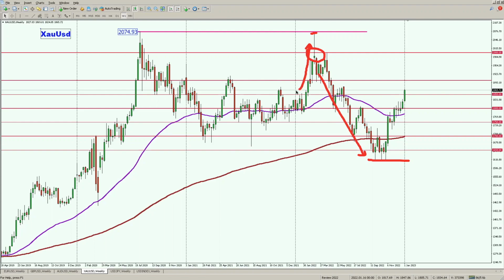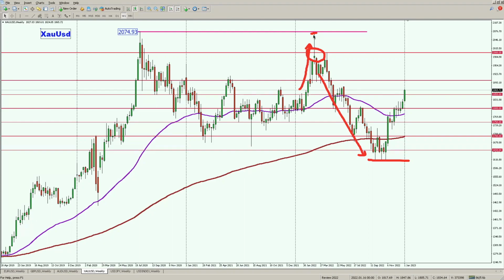Initially, because of inflation fears, then as a hedge, that's where there was strong buying demand for gold, and this pushed up the price here.